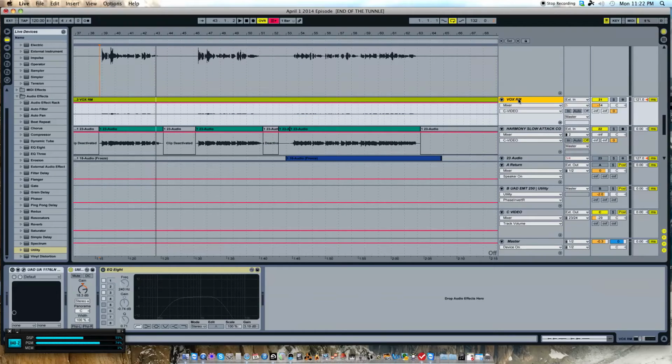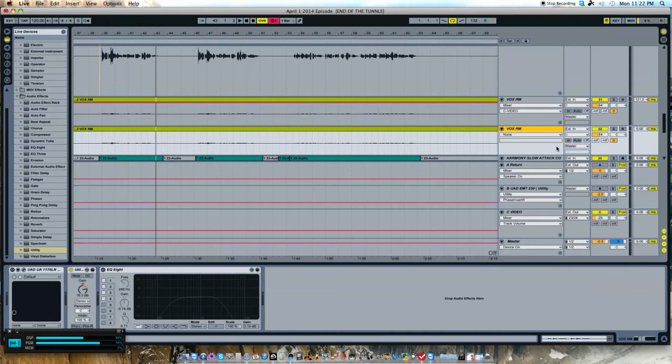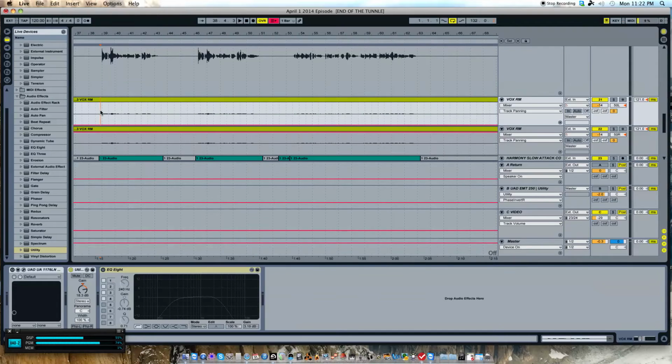This is really a respectable science, so I'm really butchering the explanation of MS technique here, but essentially you're doubling the tracks, flipping one of those tracks, and hard panning them. Okay, so here is a kind of faux MS technique.